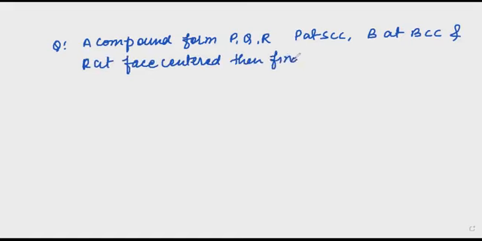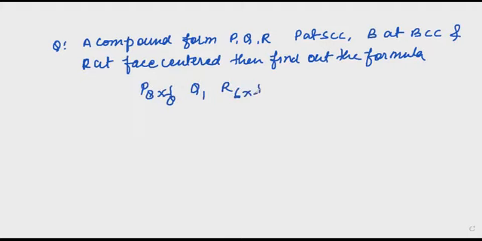Then find out the formula. So P is SCC, means 8 into 1 by 8. Q is BCC, 1. R is 6 into 1 by 2. So the formula becomes PQR3. Okay? Now we are coming to the next question.